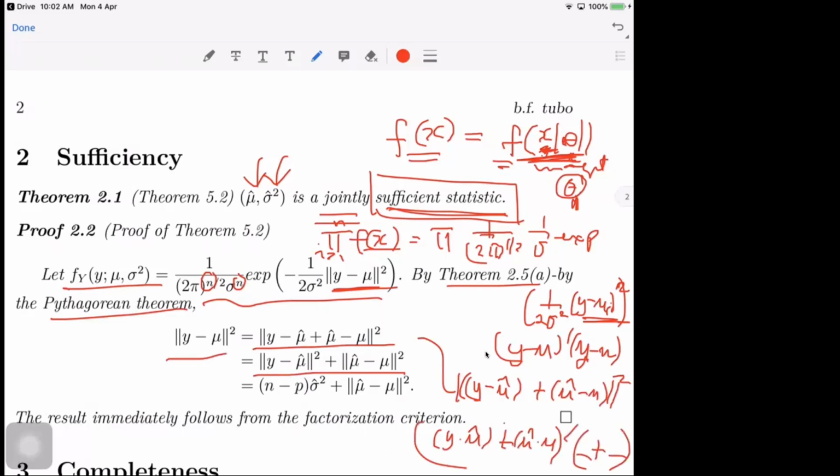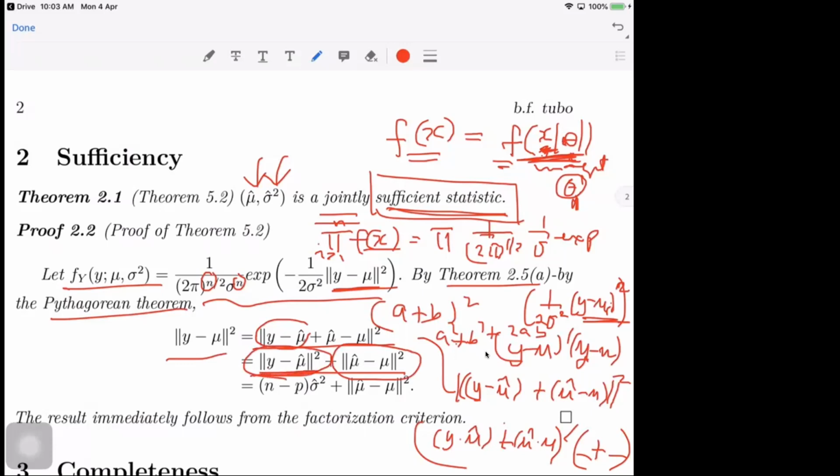And then the middle term, the cross product, will go to 0, so what remains is like a plus b squared: a squared plus b squared plus the middle term 2ab, no? But the middle term will just be equal to 0 in this part. So what remains is just the a squared and then the b squared.